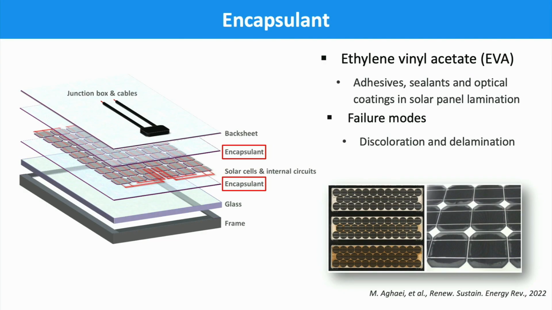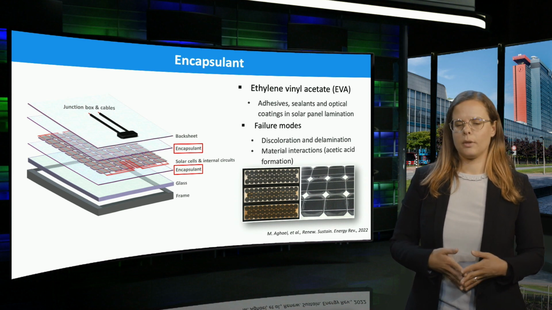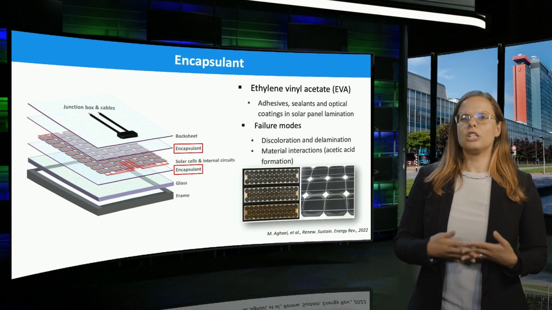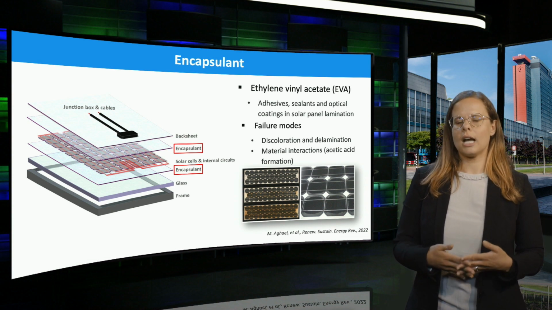On the bottom right, one can see examples of encapsulant discoloration, forming a brownish haze due to UV exposure. An example of encapsulant delamination is visible at the edge of the silicon wafer, turning gray in the right figure, and it can be caused by water ingress.